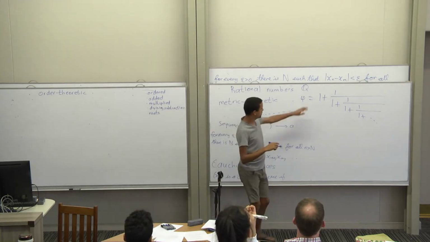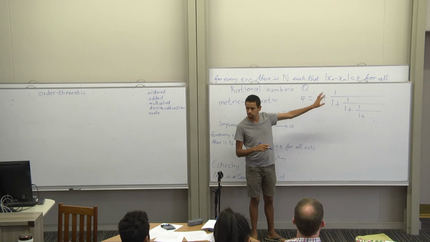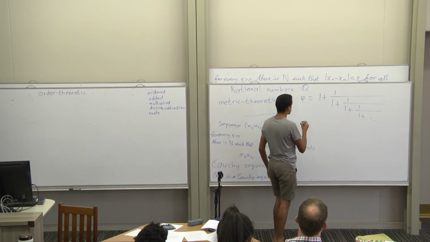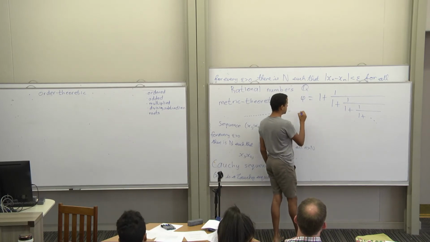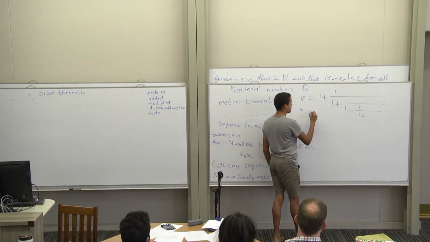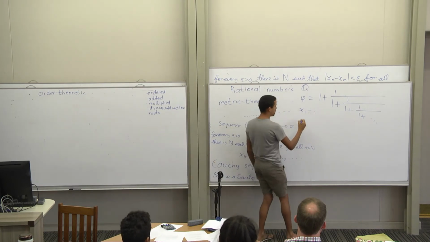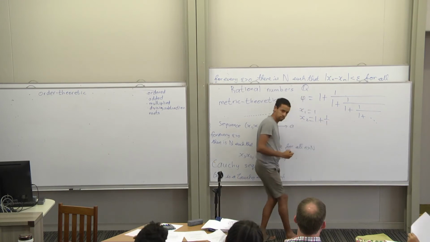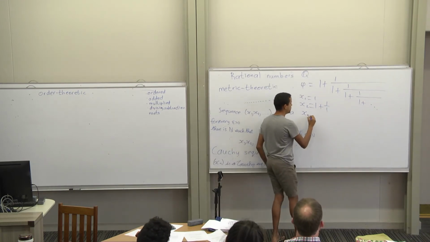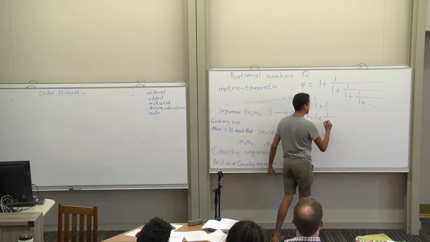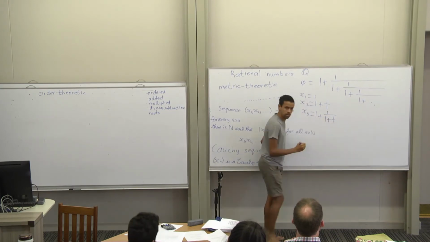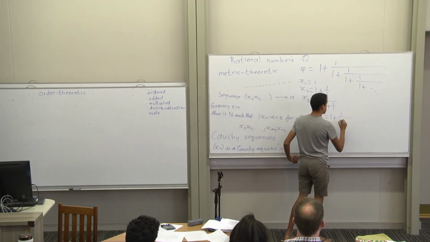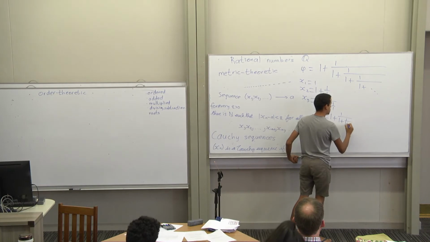Okay, so this is not a Cauchy sequence, but we can make a Cauchy sequence out of this. For example, we can say the first value, x1, is 1, x2 is 1 plus 1 over 1, x3 is 1 plus 1 over 1 plus 1 over 1, x4 is 1 plus 1 over 1 plus 1 over 1 plus 1 over 1.